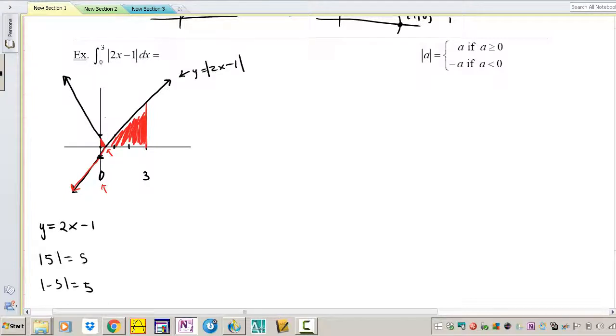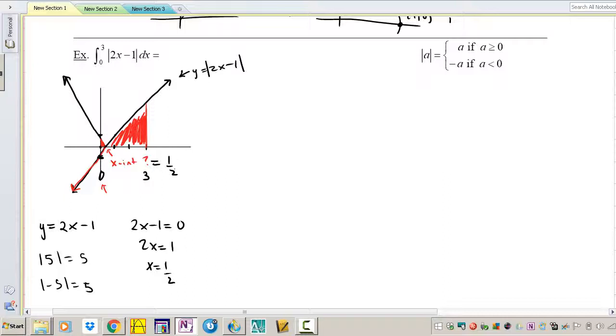I have a little area there that I need to compute, except I don't know what that little x-intercept is. How do you find the x-intercept of a linear function? You simply set the function equal to 0 and you solve. So that x-intercept is actually 1/2.